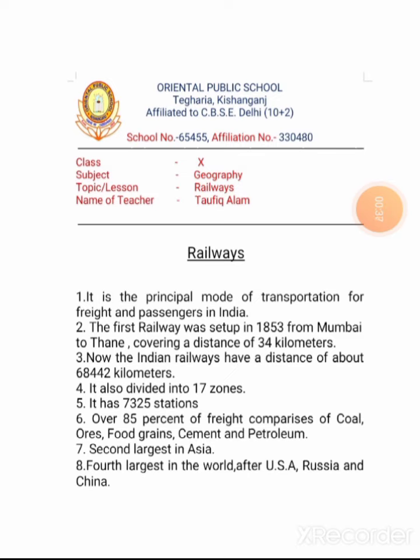It is the principal mode of transportation for freight and passengers in India. The first railway was set up from Mumbai to Thane, covering a distance of 34 kilometers in 1853.